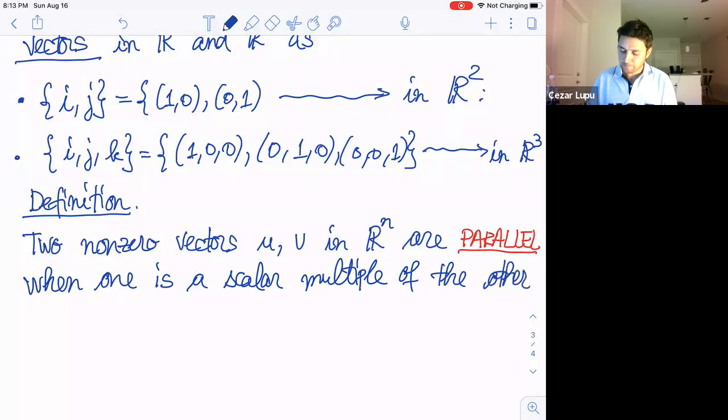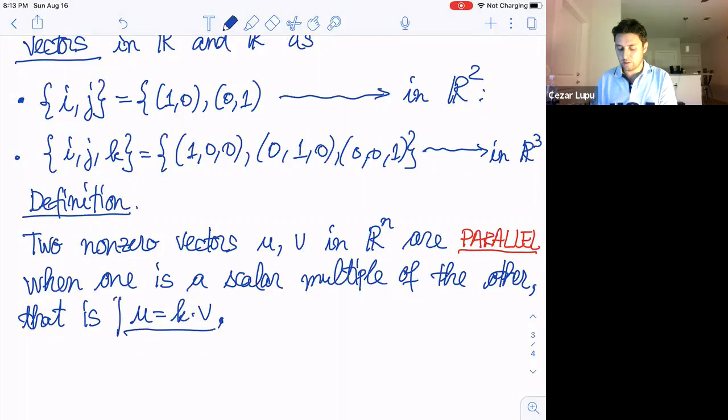In other words, say u is a constant k times v, for some real constant k. That's what we mean when we say that two vectors are parallel.